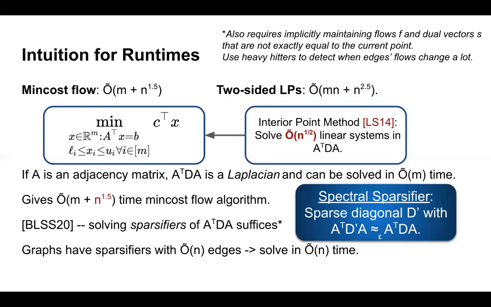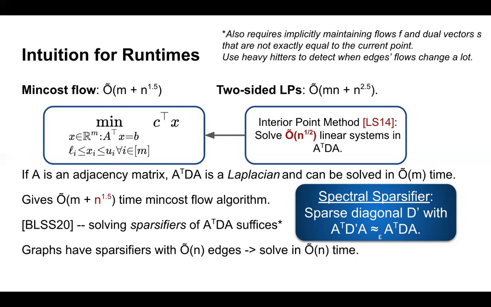The reason that there are a lot of difficulties with this intuition is that the graph still has m edges. So even though you're solving the sparsifier, you still have to relate it to the original graph. So what we have to do is use the solution that the sparsifier provides along with some heavy hitter data structures to detect when edges in the original graph, the true flow edges, change by a lot.